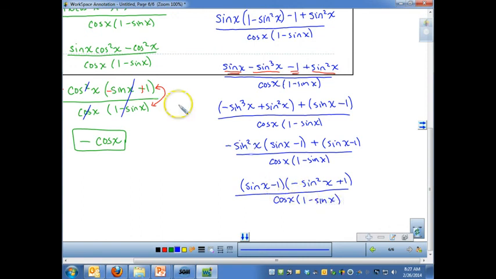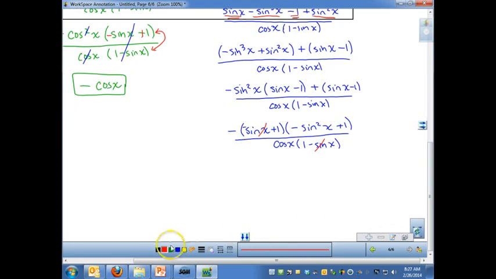Again, these two, we had them over here, right? If I factor out a negative, that's going to fix my signs. So now that would cancel. So I have negative times what's left over here. So I'm going to go ahead and multiply that out. So that would be sine squared of x minus 1 now all over cosine of x.